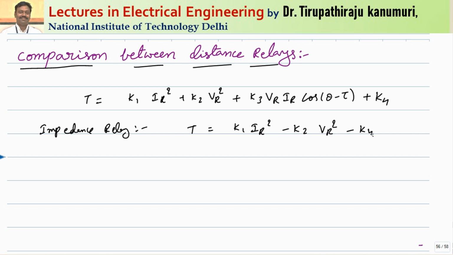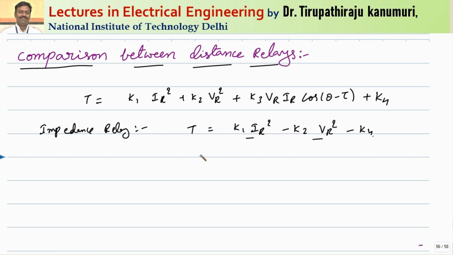So you can tell that the impedance relay will operate when the value of K1 IR square is greater than K2 VR square. That means the operating quantity is the current and the restraining quantity is the voltage. That's why this is called a voltage restrained overcurrent relay.